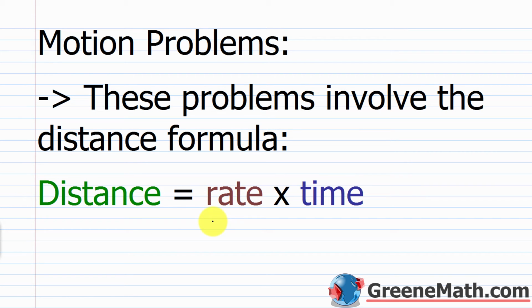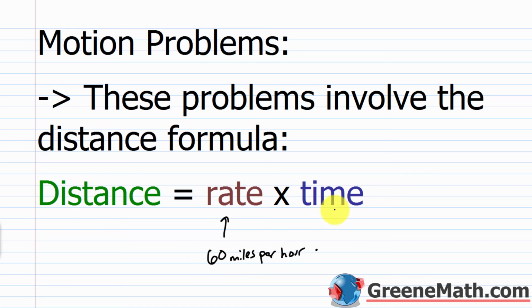Pretty much everybody has taken a road trip at some point and said, if we go 60 miles per hour for 3 hours, we're going to end up going 180 miles. So in other words, if my rate of speed is 60 miles per hour, and this is in terms of hours, so our time has to be given in terms of hours for this to make sense.